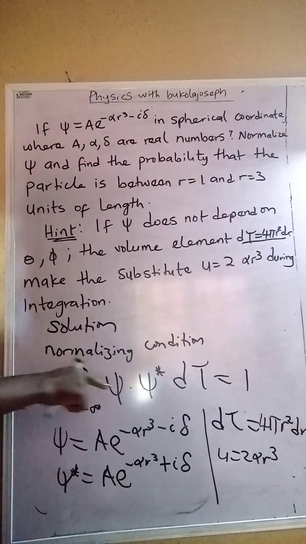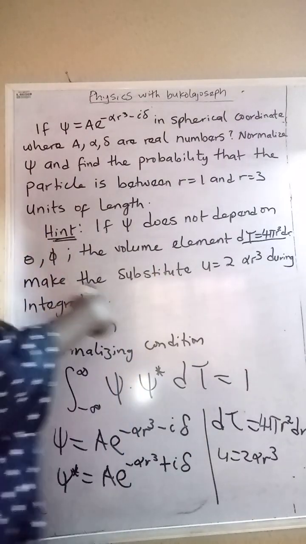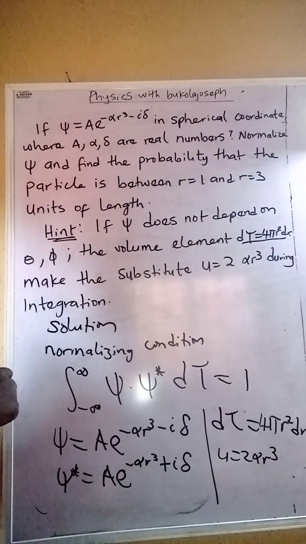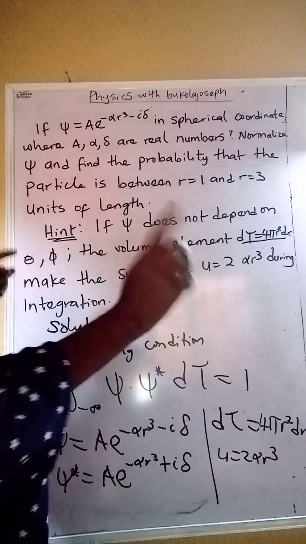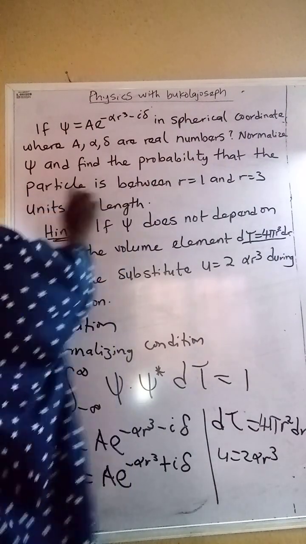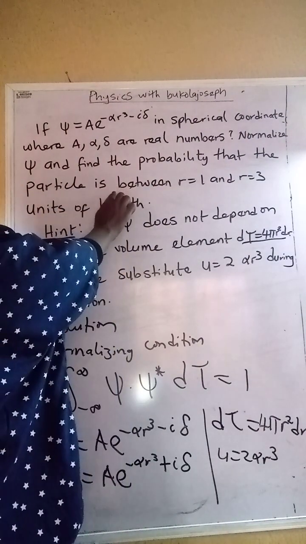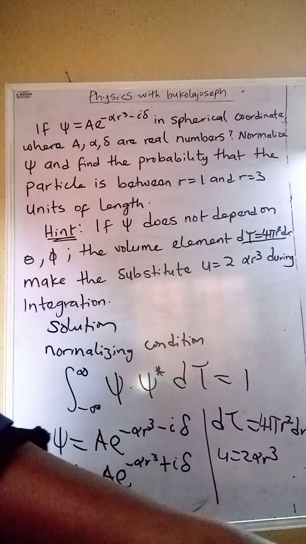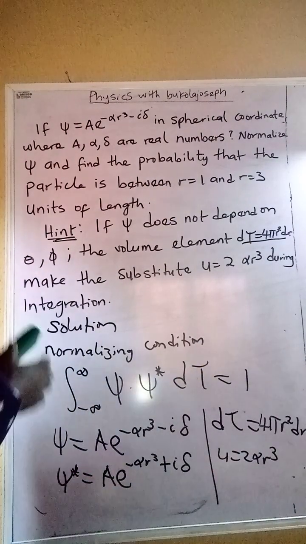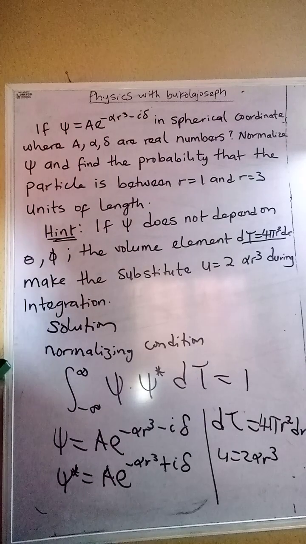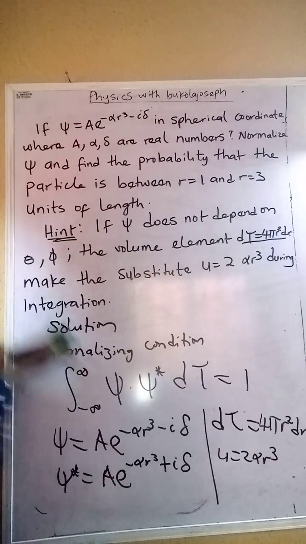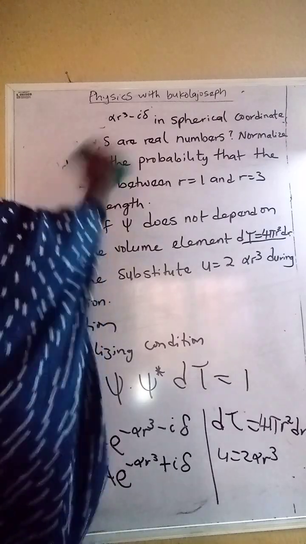So you will see how we're going to apply this while integrating. Okay, so I'll wipe the question, and remember that we're finding the probability that the particle is between r equal to 1 and r equal to 3. So I'll wipe the first part and then we'll normalize psi using this normalization condition.